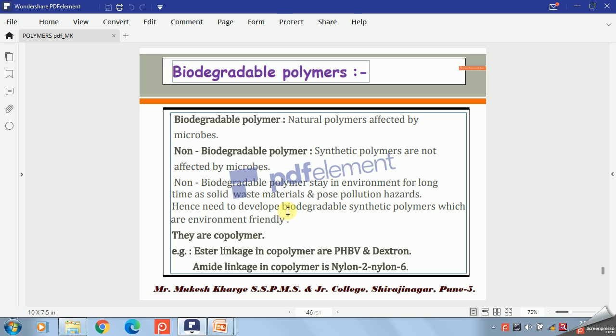Hence, there is a need to develop biodegradable synthetic polymers which are environmentally friendly or eco-friendly. They are generally copolymers and there are two types of linkage in that copolymer. If there is an ester linkage, the examples are PHBV and Dextron. If there is an amide linkage in that copolymer, the example is Nylon-2-Nylon-6.